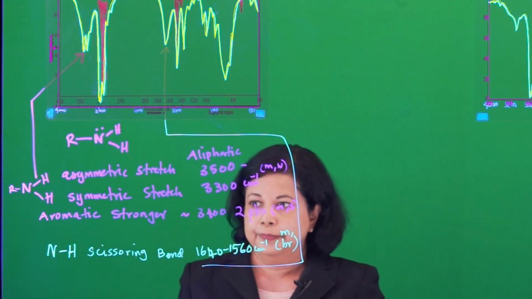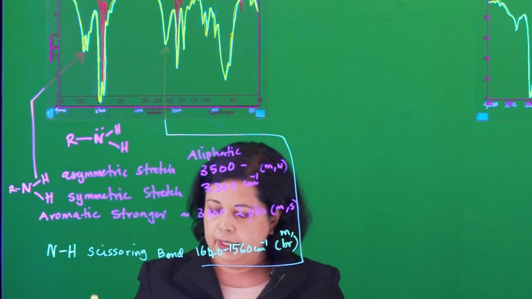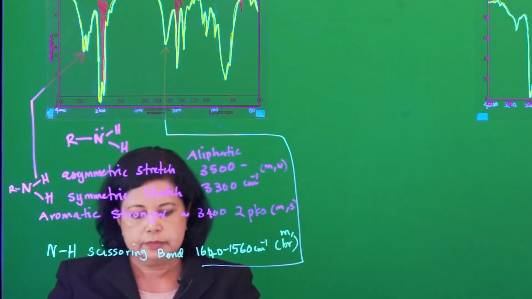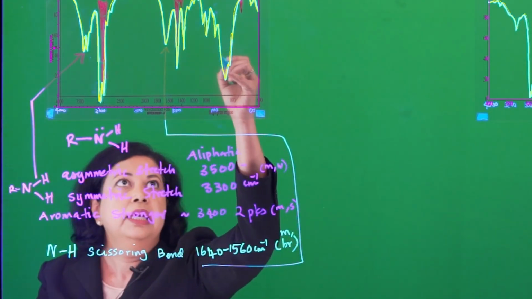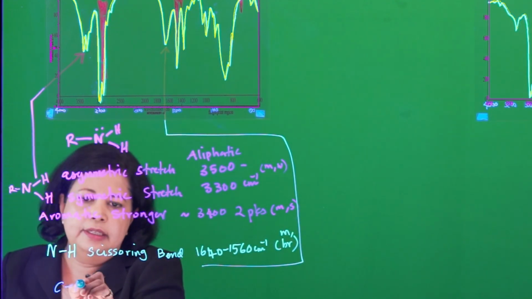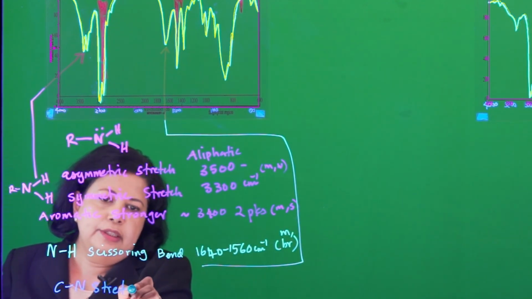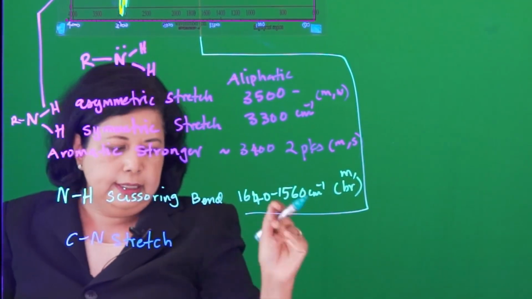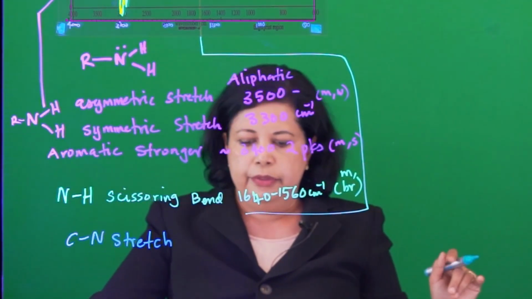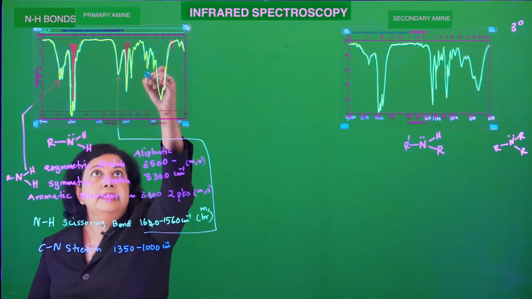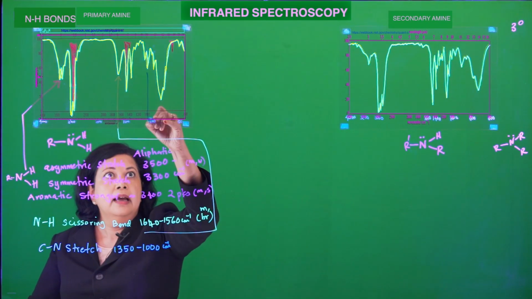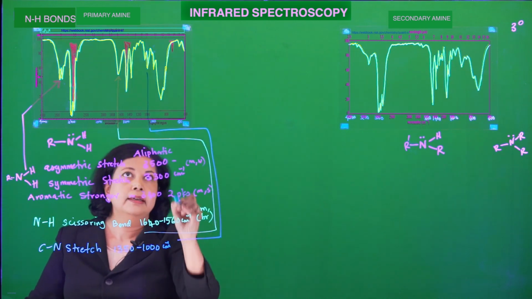Now, when we go down here, we do see a CN stretch. You know, CO stretches are also in this region. You would see a CN stretch, and the CN stretch is in the region about 1350 to 1000, and that's this. All right.